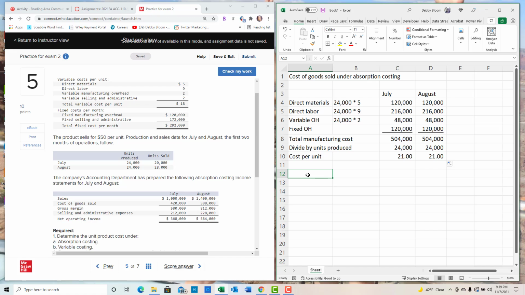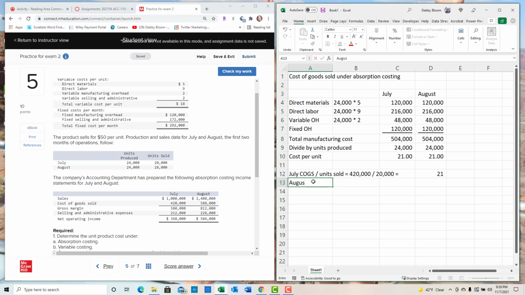Now, as I said, we could have done it a lot more directly for July if we take the cost of goods sold and divide by the units sold. So for July we take 420,000, and in July only 20,000 units were sold. So 420,000 divided by 20,000 gives me exactly the same, $21.